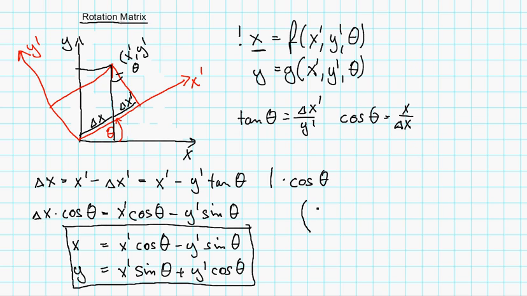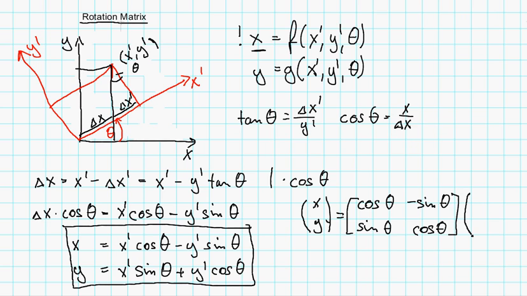Just to motivate it, we can write x and y as a vector, that is the position, and x and y equals the matrix with cosine of theta, minus sine of theta in the first row, and sine of theta, cosine of theta in the second row, and we multiply this whole thing with x prime and y prime.